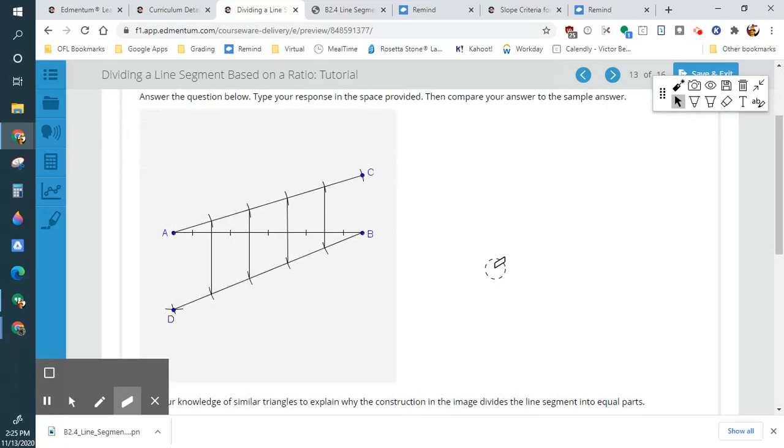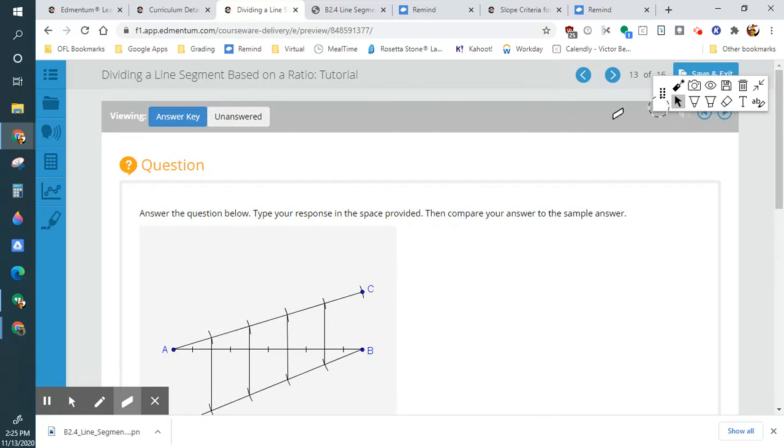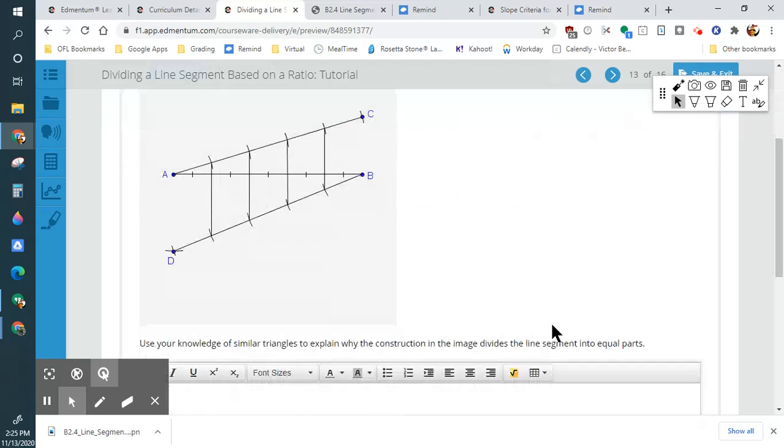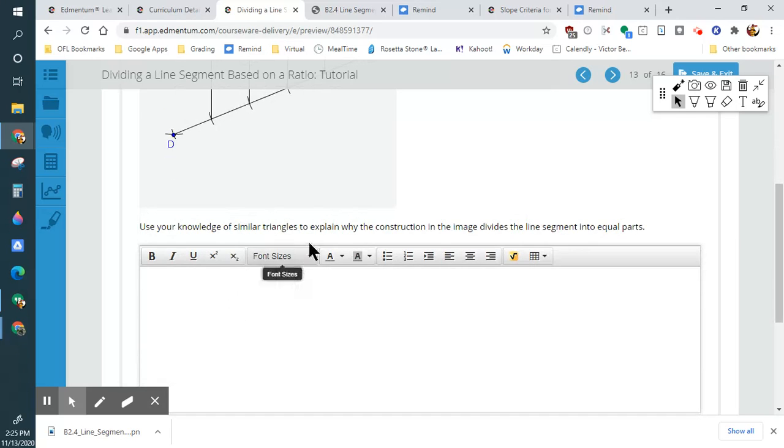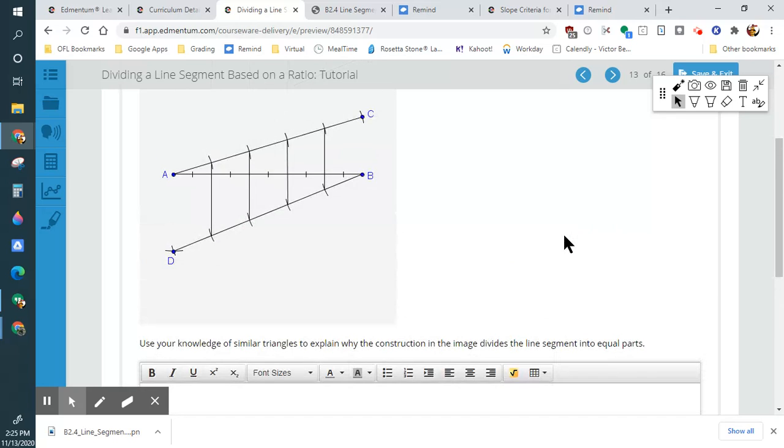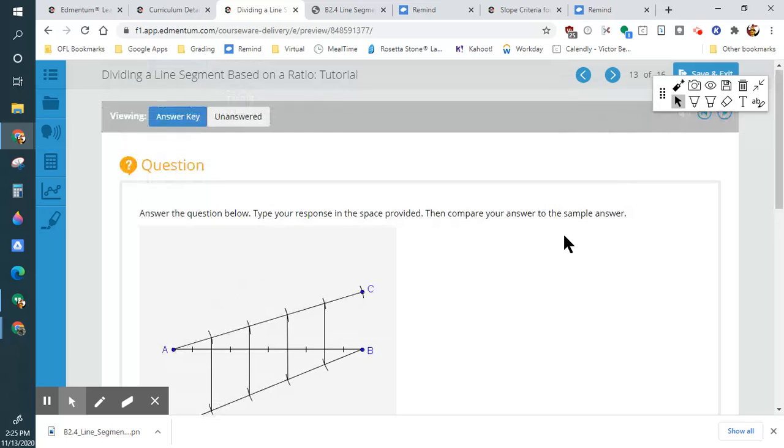Now we're going to try to answer this question that involves dividing into equal parts. One thing you'll notice is they have the horizontal line segment, so we're able to divide them up nicely horizontally. Use your knowledge of similar triangles to explain the construction of parts.